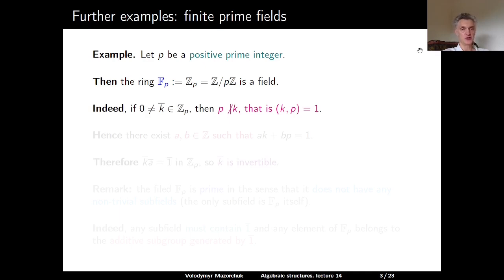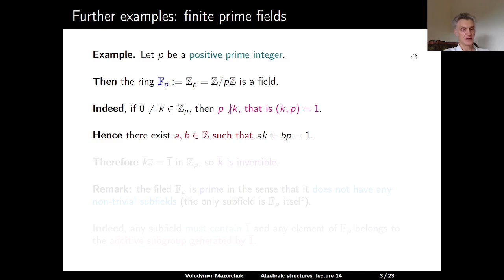Proof. So we need to show that each non-zero element in Z sub p is invertible. So let k be such an element. Then of course p does not divide k. And since p is a prime number, it means that the greatest common divisor of p and k is 1. But then there exist integers a and b such that a times k plus b times p is equal to 1.